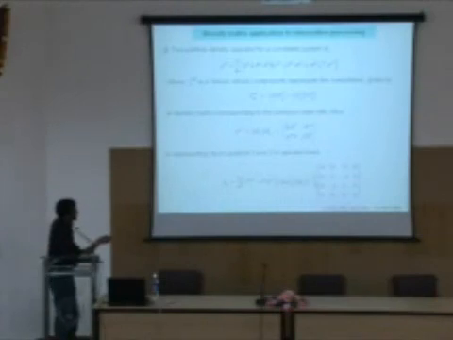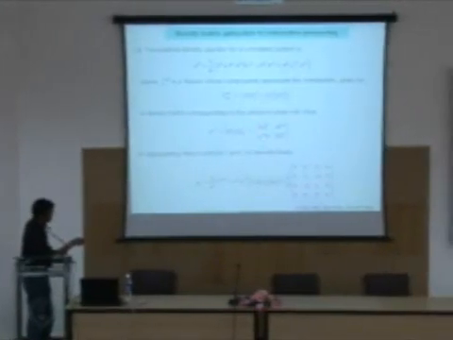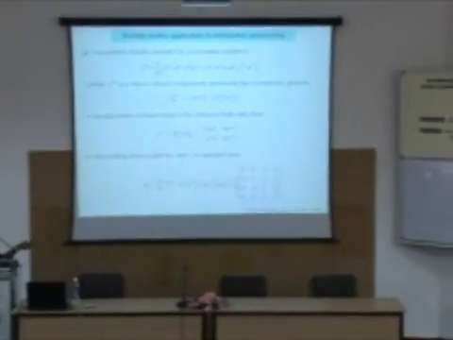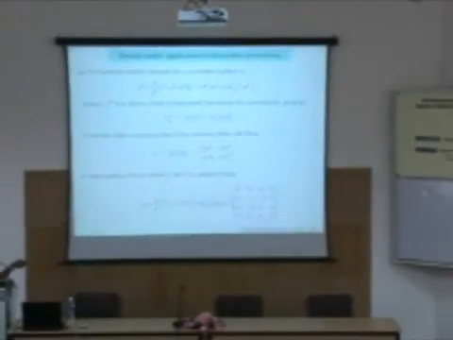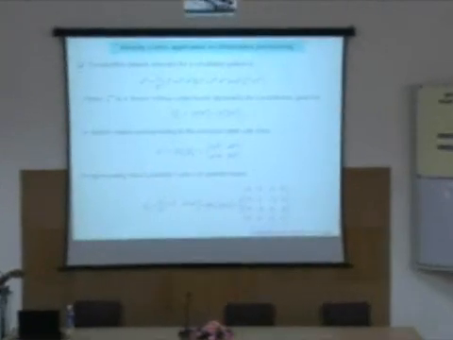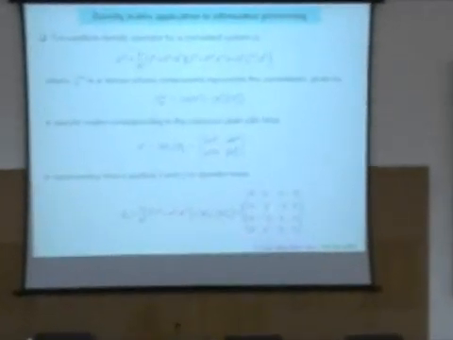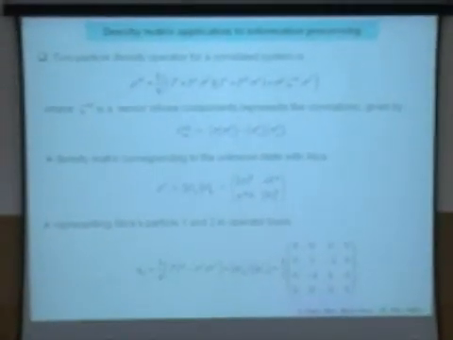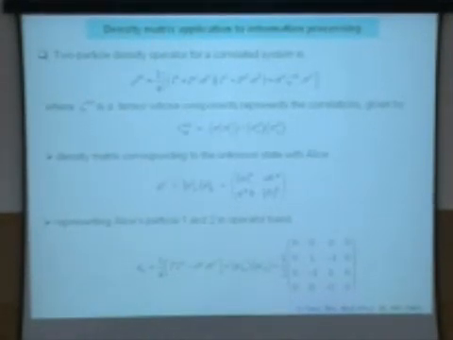The unknown state that Alice wanted to teleport to Bob is represented here in this form, and the quantum channel which could be used between Alice and Bob is represented in operator form here. So depending on the preparation of the quantum channel and the measurement basis and the measurement used by Alice, we have calculated the 3-particle density matrix in case of the original scheme proposed by Bennett et al.